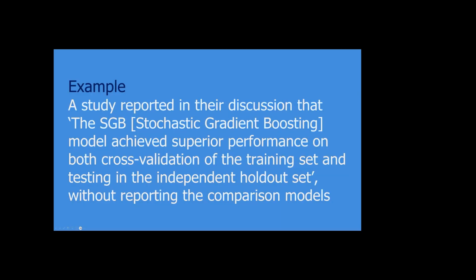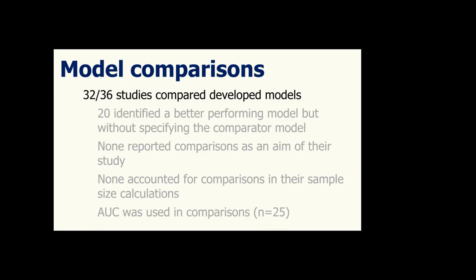An example here where that's happened: there was a study that reported in their discussion that their SGB, the stochastic gradient boosting model, achieved superior performance on both cross-validation of the training set and testing in the independent holdout set, without actually reporting the comparison of the models. So again, it was just a sentence that appeared without any additional information provided where a comparison had actually been done. So these very ad hoc sentences that we found.